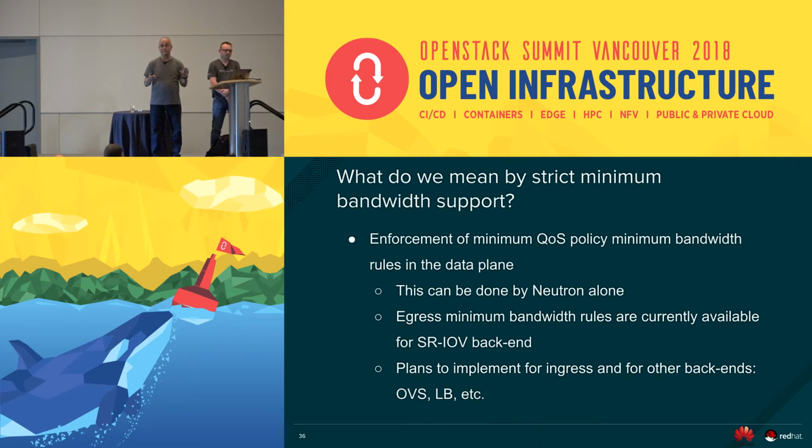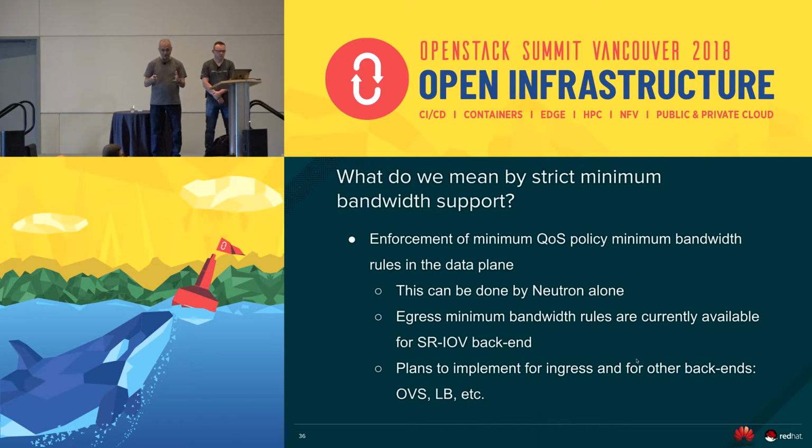But nothing prevents Nova today from scheduling a number of instances on that compute host in such a way that the NIC, the device where we apply those minimum bandwidth rules, is oversubscribed, because the Nova scheduler doesn't have any concept of those commitments that we are making with a minimum bandwidth rule.